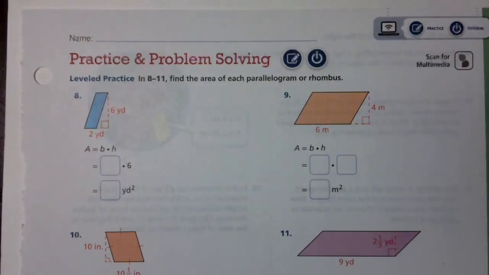And you have a quiz for this lesson if he or she chooses to give it to you. Okay, so you've got quite a bit of class time left. Let's work on finding the area of parallelograms and rhombus. Okay, I'll see you next time.